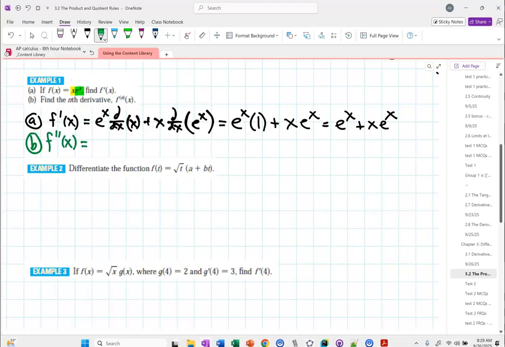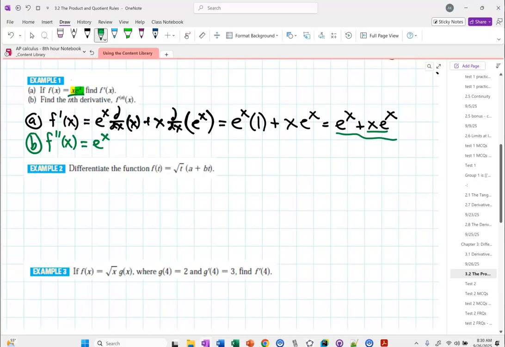So I'm taking the derivative of this thing, right? The derivative of e to the x is e to the x. The derivative of x times e to the x, well, hey, that was what I started with, wasn't it? So isn't that just the derivative?